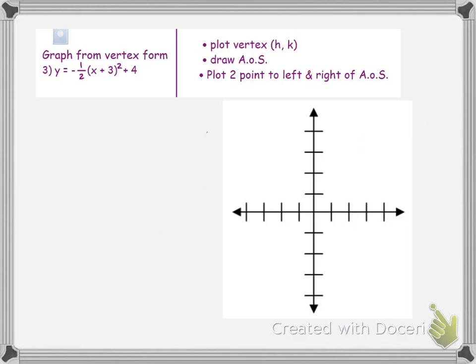Okay, so to graph this, what I first will do for this one is tell which way it's shifted. And this one's going to be shifted left 3, up 4, and because it's a negative, it's reflected across the x-axis, which means it's opening down.